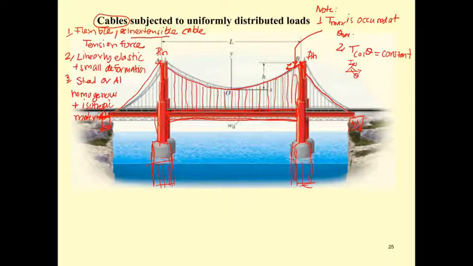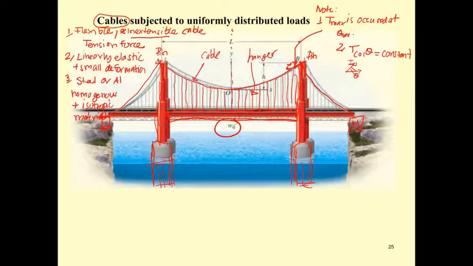So the force from the very stiff bridge girder and bridge deck will transfer to the anchors, and then from the anchors it will transfer to the cable, and from the cable to the support, to the column, and to the foundation.